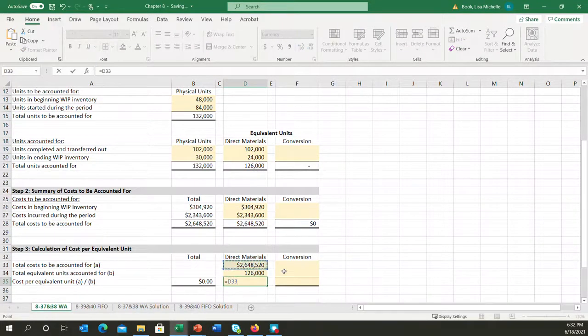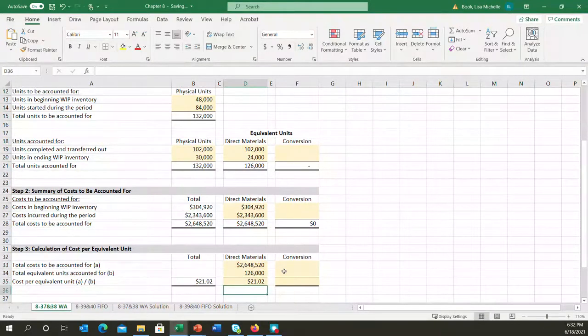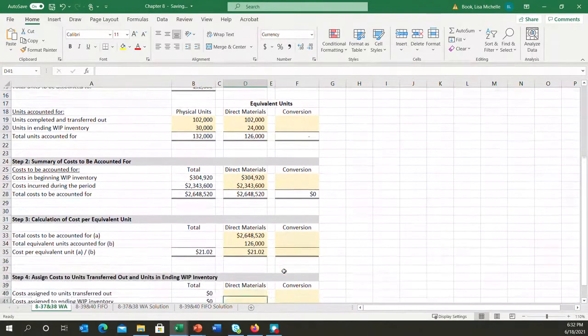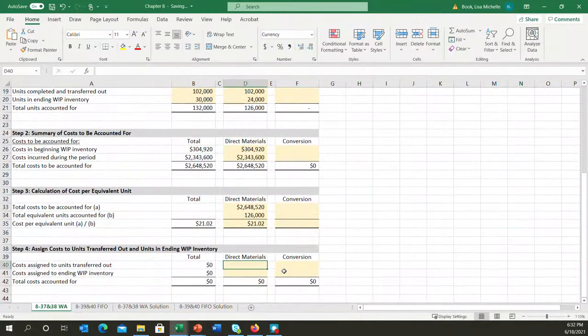Divide the $2,648,520 by the equivalent units for material of 126,000, and I get that average cost per equivalent unit of $21.02 for direct materials. So I'm going to use that cost to apply it to the units.